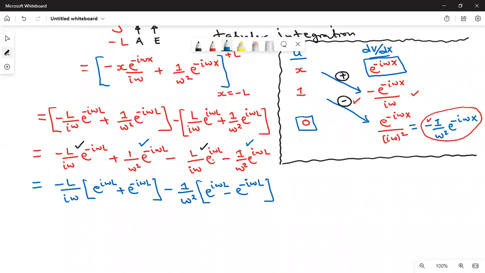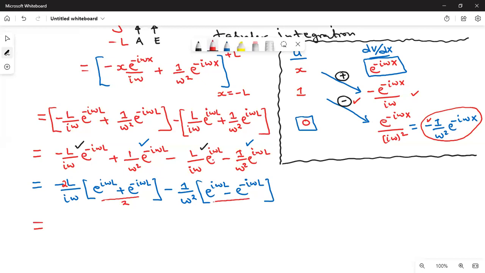Now, how else can you write this? This can as well be written as, I want to multiply both numerator and denominator by 2. So I'll have divide this by 2, and also here I introduce 2. The same here, I divide by 2.